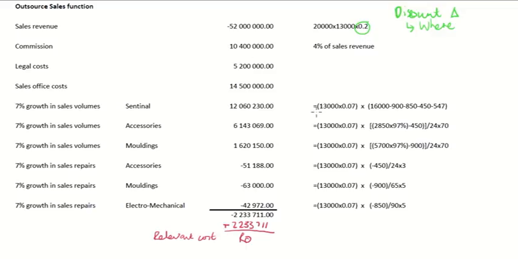Then when it comes to 7% growth, we see that the discount is hidden within this number. We can calculate that number by taking the original selling price times 1 minus the discount, which is 0.2, and you'll get 16,000.